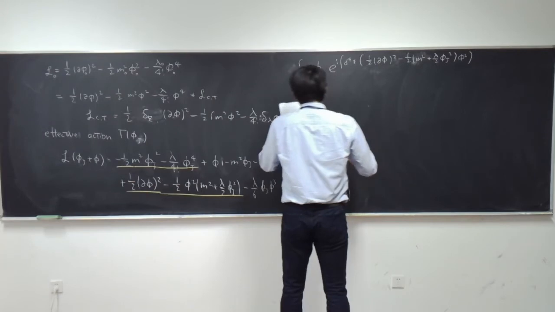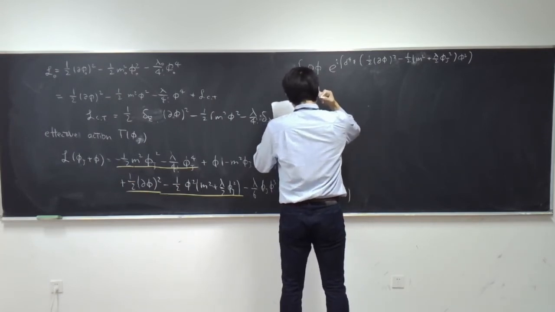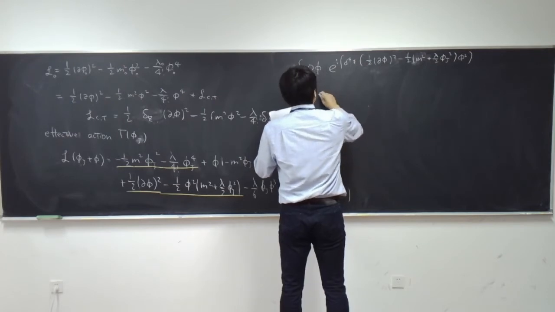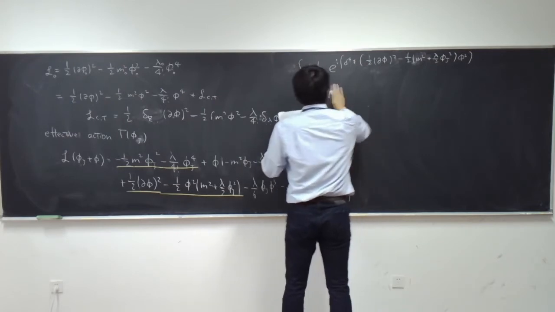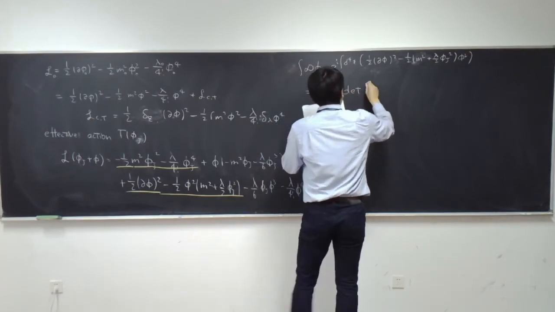Then you can just perform the Gaussian integral. As we did many times, this gives you some number times determinant to the power of 1/2.